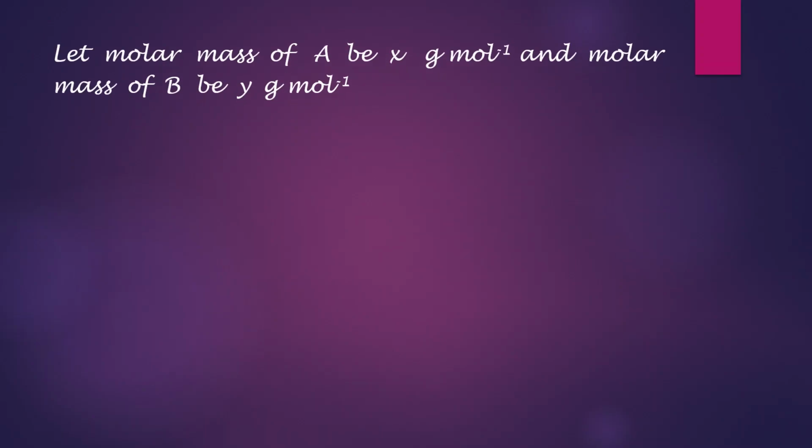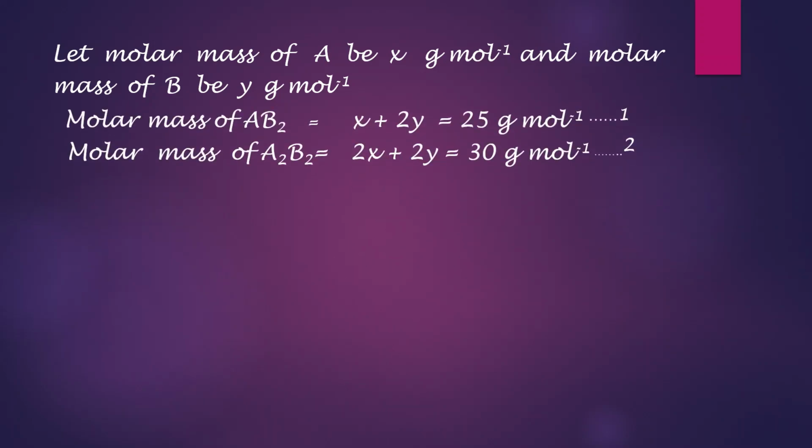Let the molar mass of A be x gram per mole and the molar mass of B be y gram per mole. We know that the molar mass of AB2 equals 25 gram per mole and the molar mass of A2B2 equals 30 gram per mole.